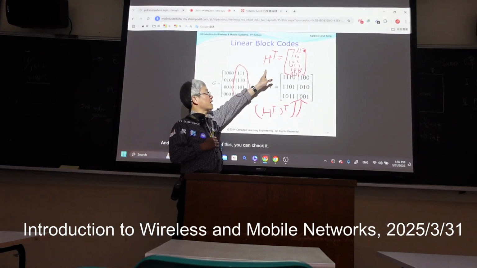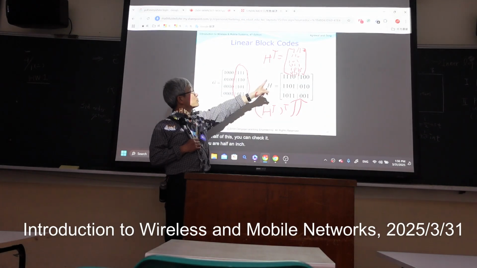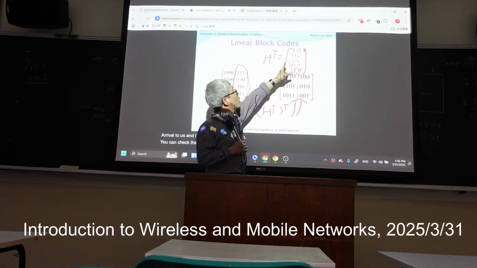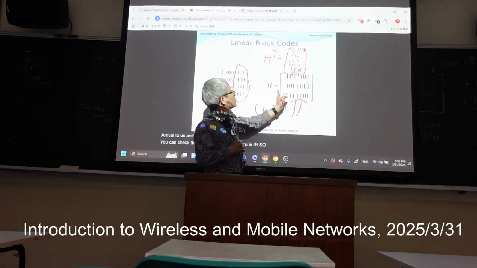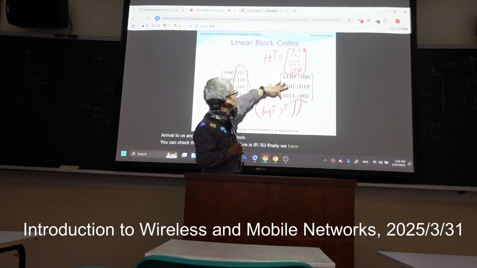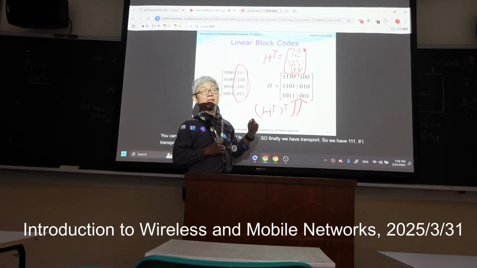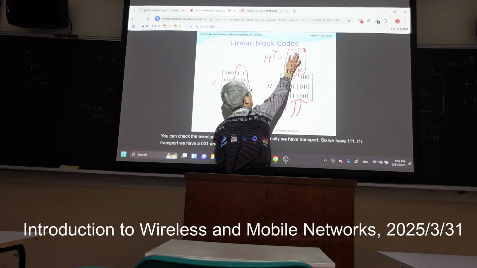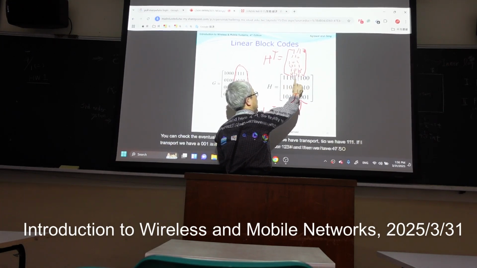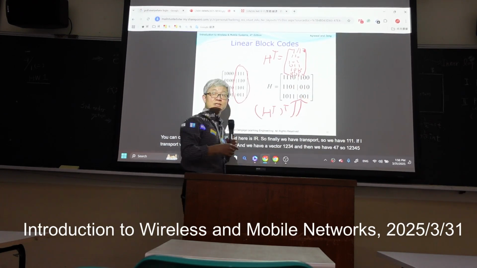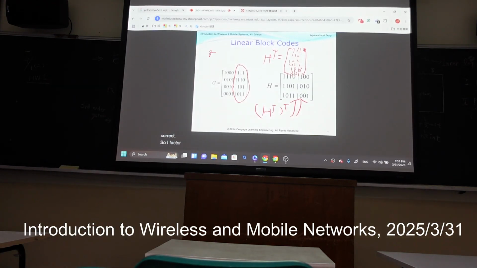So write this first and then you will have H. You can check it, is it true? So 1, 1, and here is I_R. So finally we have the transpose, so we have 1, 1, 1, and finally transpose, we have 0, 0, 1. Is it correct? And we have a vector 1, 2, 3, 4, and then we have a 7. So 1, 2, 3, 4, 5, 7, right? So it's correct. So I expect to have this result.